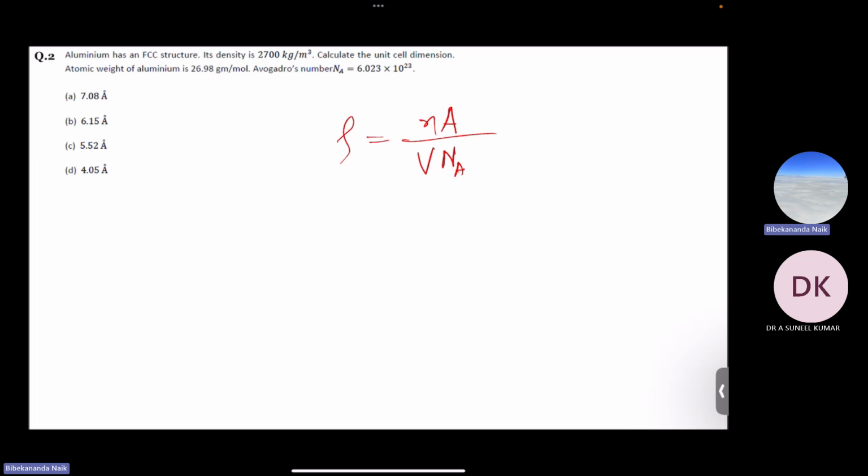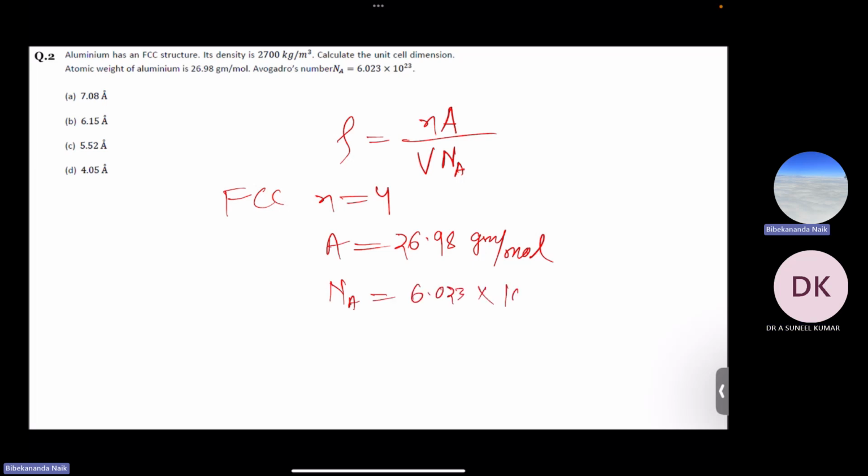Like you said, for FCC n is 4 and A is the mass, which is already given, 26.98 gram per mole. Avogadro's number is also given, 6.023 into 10 to the power 23. Then V is A cube, so here we need to find out the value of A. So what will be the value of A? I have to consider the whole thing to the power 1 by 3.